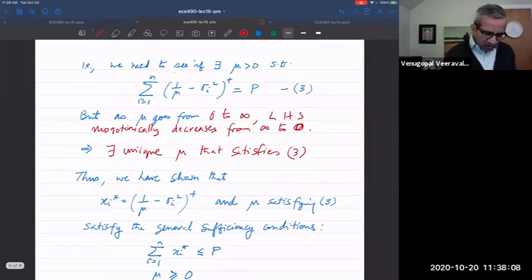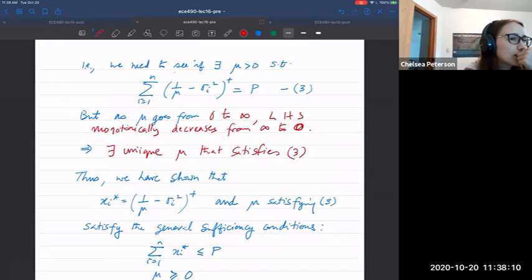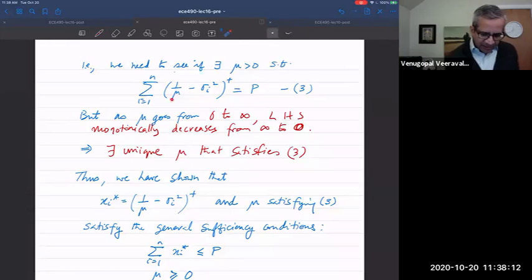Okay, so basically, if you want to solve this thing with equality, right? You could look at all the possible values that the left hand side can take as mu goes from 0 to infinity, because mu has to be positive, right? And we see that when mu is close to 0, this thing is going to be very large.